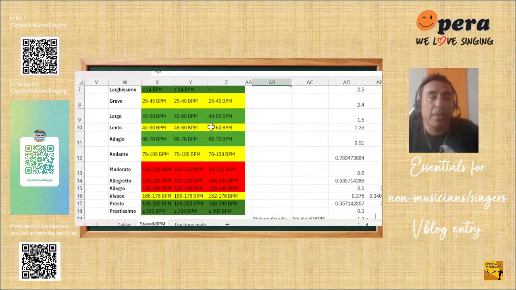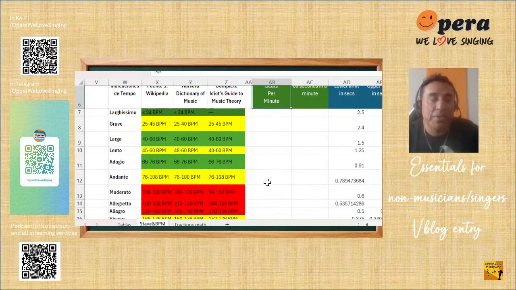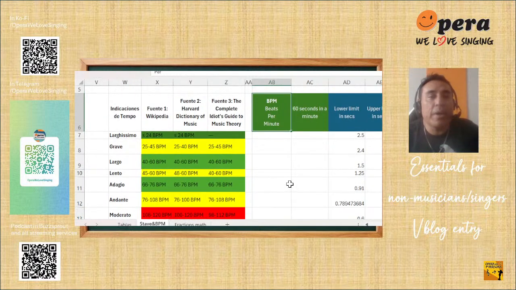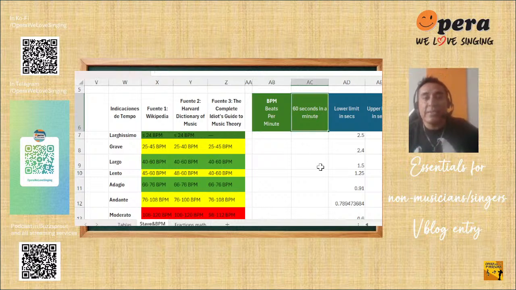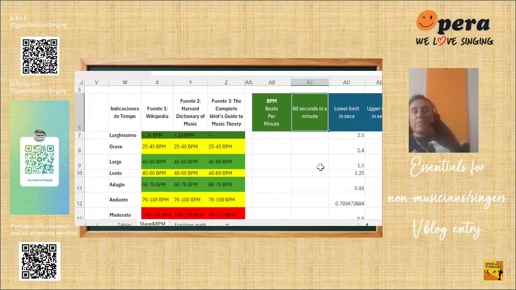Remember that we painted in green, yellow, and red according to whether these resources matched in what they say the range of the BPMs is for a given tempo. Today we're adding some math to it. To start with our math, we know that there are 60 seconds in a minute, and the standard notation is BPMs or beats per minute.